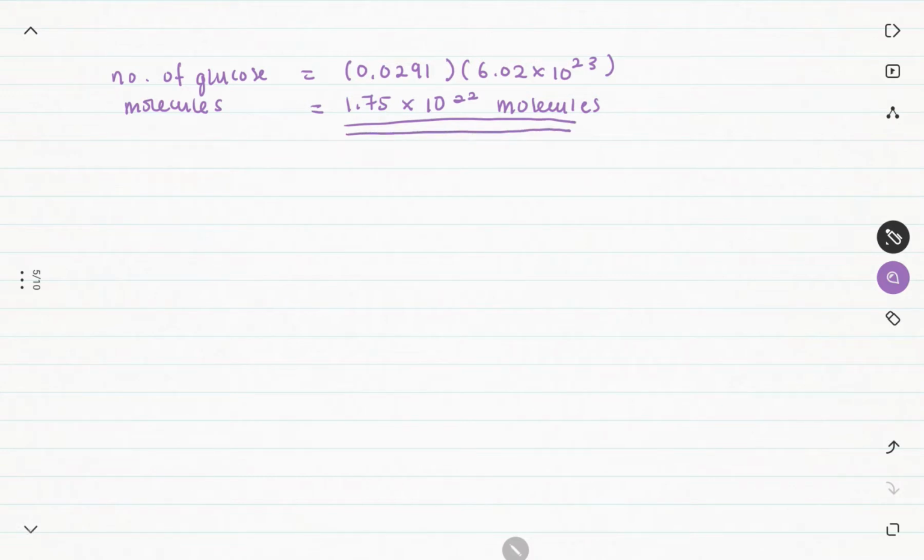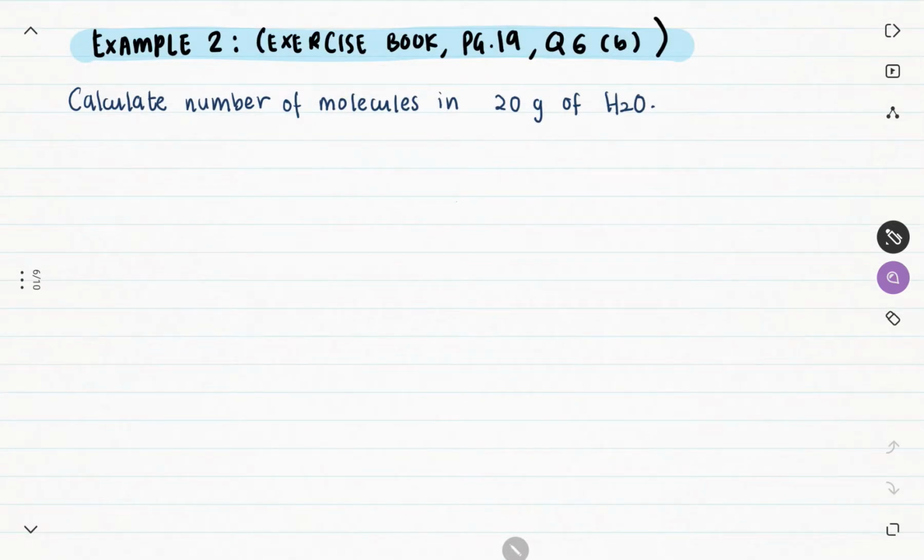Okay, now we look at example 2. You may refer to your exercise book, page 19, question 6b. Calculate the number of molecules in 20 gram of water. Same as example 1, since the mass of water is given, we need to relate molar mass to find the number of mole of molecules.